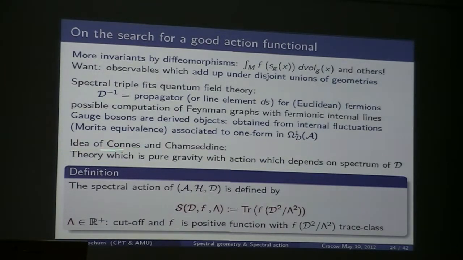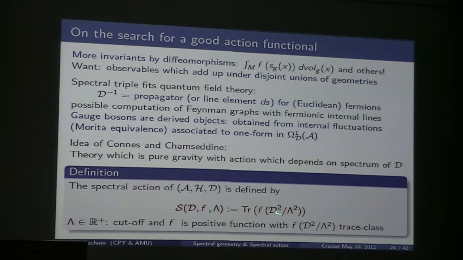So the main idea of Chamseddine and Connes is that they wanted to get a theory which is pure gravity. And so the action depends only on what you have in the spectral triple, so it depends only on the spectrum of D. So the definition of the spectral action is precisely this: the trace of f of D squared over lambda squared.